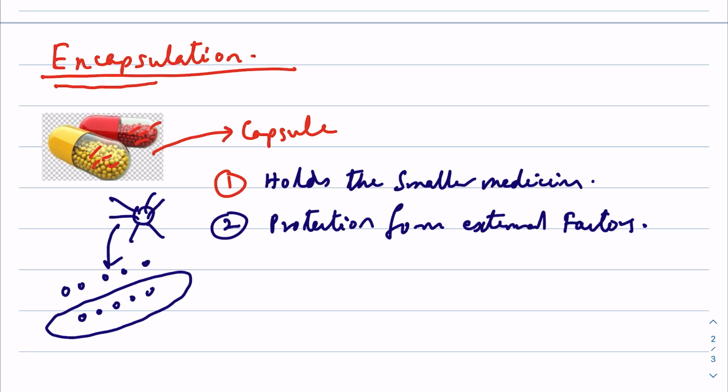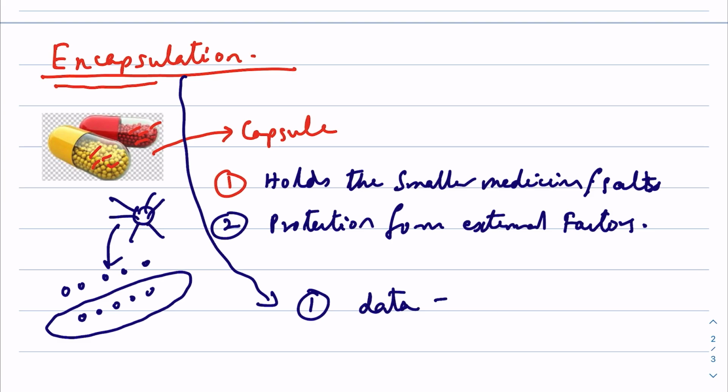So what does encapsulation help to achieve? The first point, as I said, it holds the smaller medicines or salts. So the first point will be it holds the data plus its actions together.